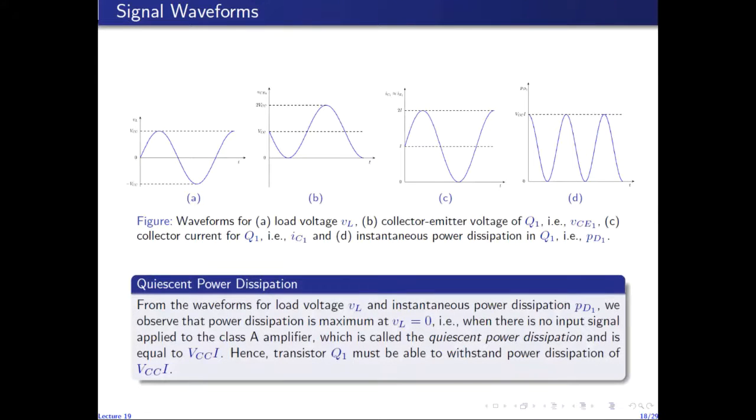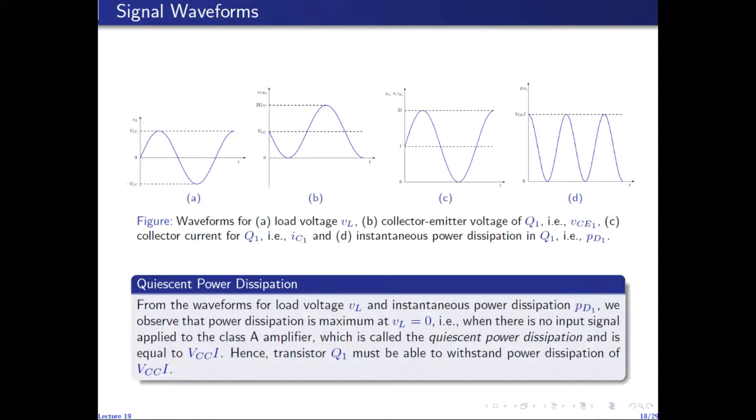So from these waveforms, we can conclude that the maximum power is dissipated in Q1 under quiescent conditions, that is, when VL is 0. VL is 0 only when there is no signal applied to the amplifier, because the DC content of the load voltage is 0.